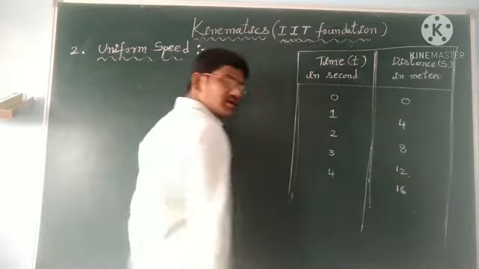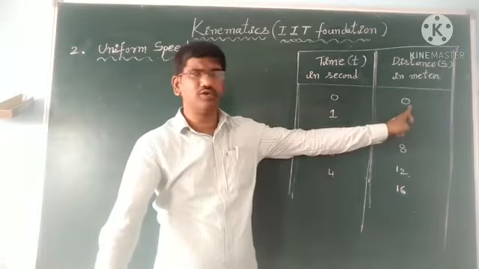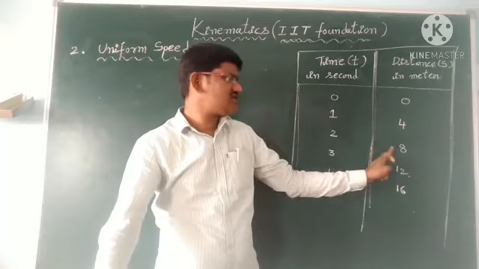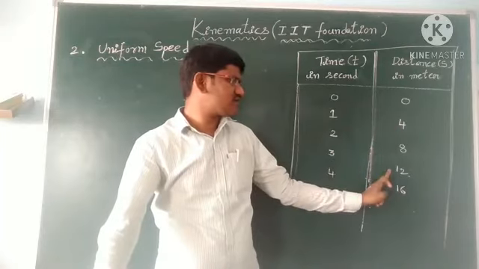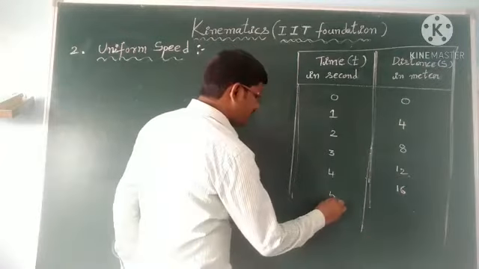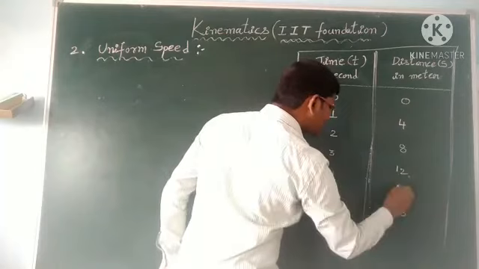A man is going on a bicycle, 0 seconds, 0 meters. After 1 second, 4 meters. 2 seconds, 8 meters. 3 seconds, 12 meters. 4 seconds, 16 meters. 5 seconds, he covered 20 meters.